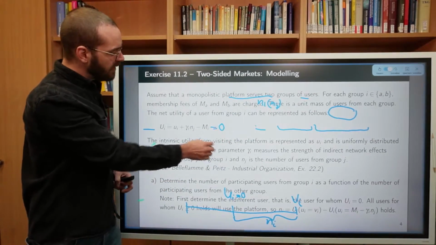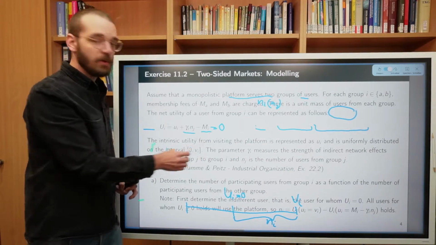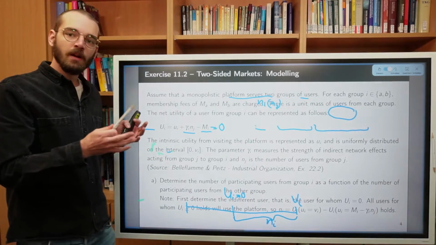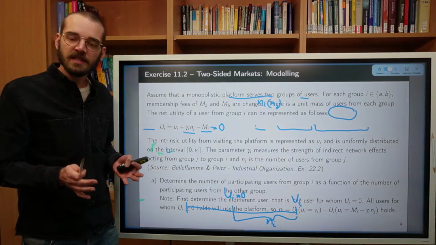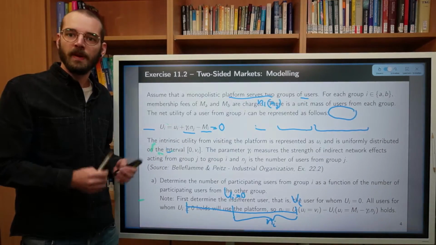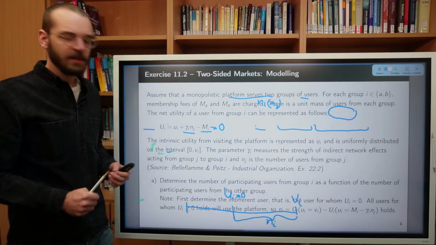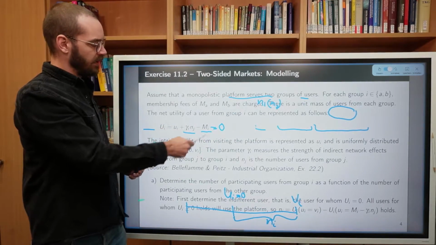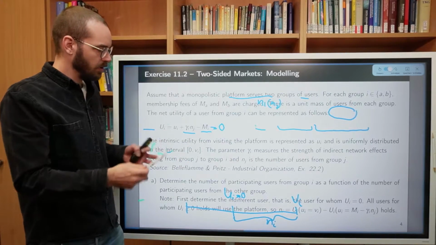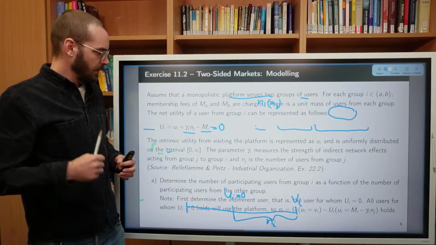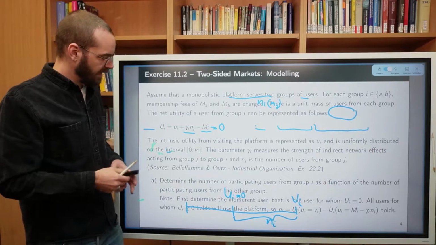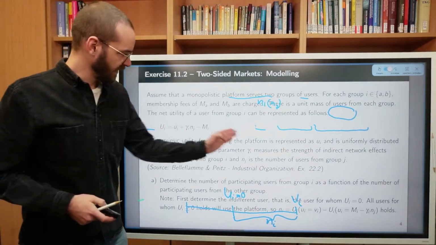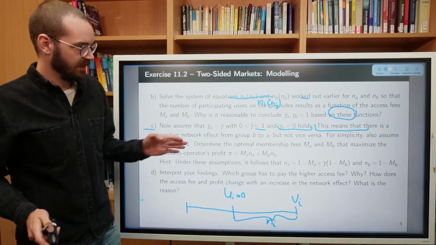Well, we can then rearrange this, bring these two terms on the other side of the equation and have a statement that reads lower UI, the intrinsic utility of members of group I, is equal to exactly the difference between these two expressions, so formally mi minus gamma I times nj. And that is exactly what is written in this hint, right?